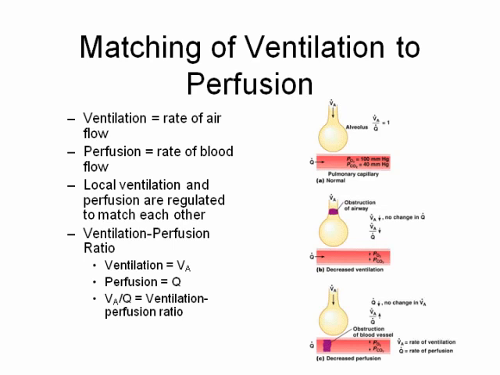So there is carefully regulated matching of the amount of ventilation in the alveolus and the amount of blood flow, allowing gas to exchange there. If we have reduced or blocked ventilation, this is going to mean that the blood entering the lung is going to leave the lung, or at least this capillary, unchanged.